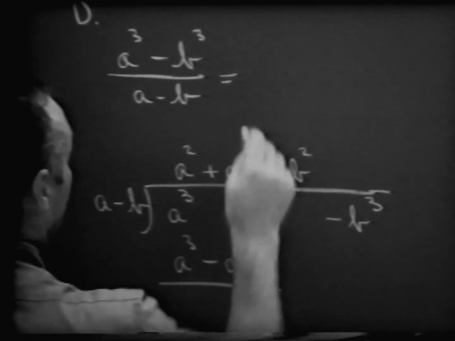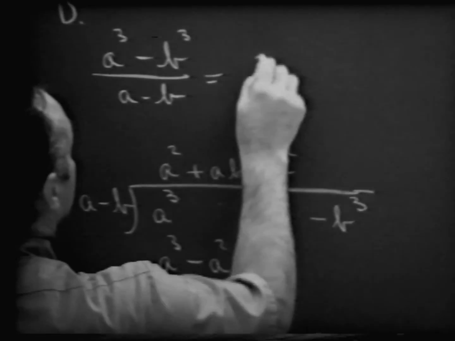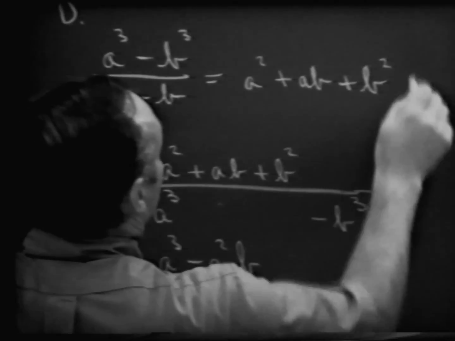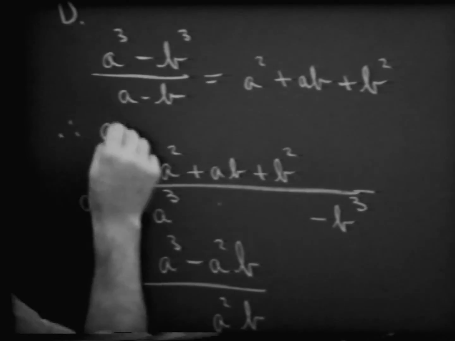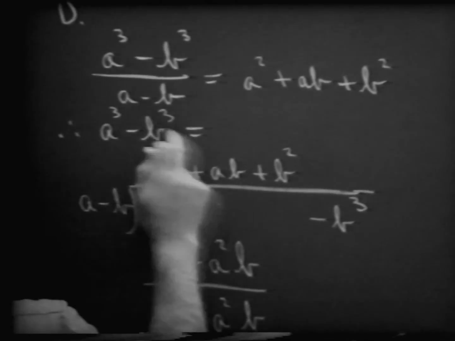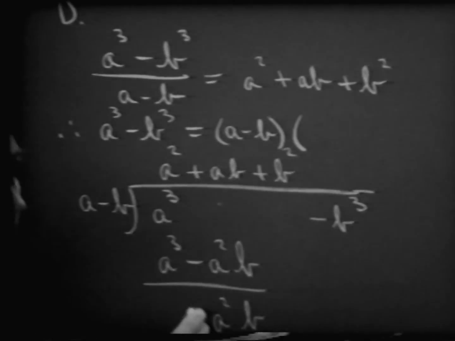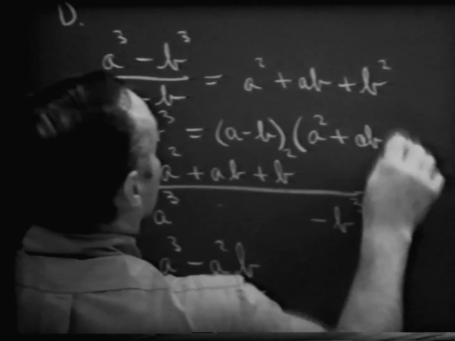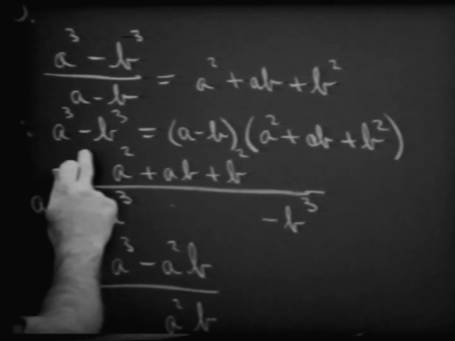So this may be written as a squared plus ab plus b squared plus 0 as a remainder. Therefore, a cubed minus b cubed is equal to a minus b times a squared plus ab plus b squared, and sure enough, this is one of our factors that we are familiar with.